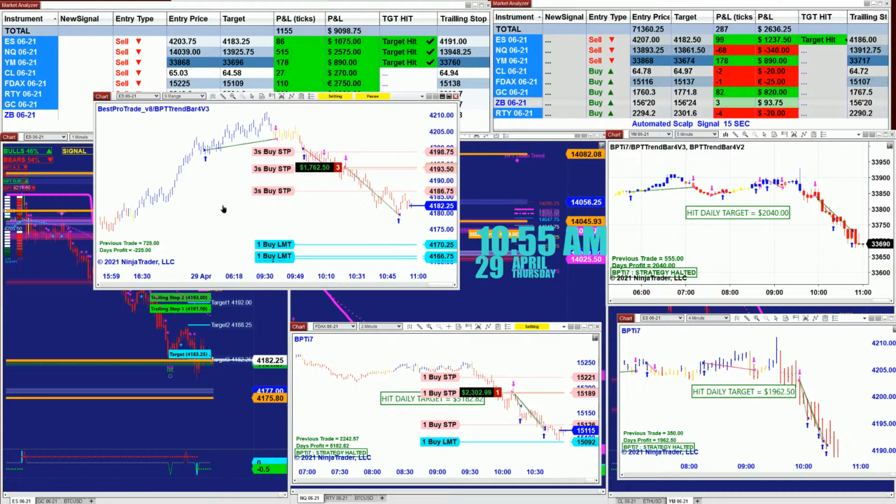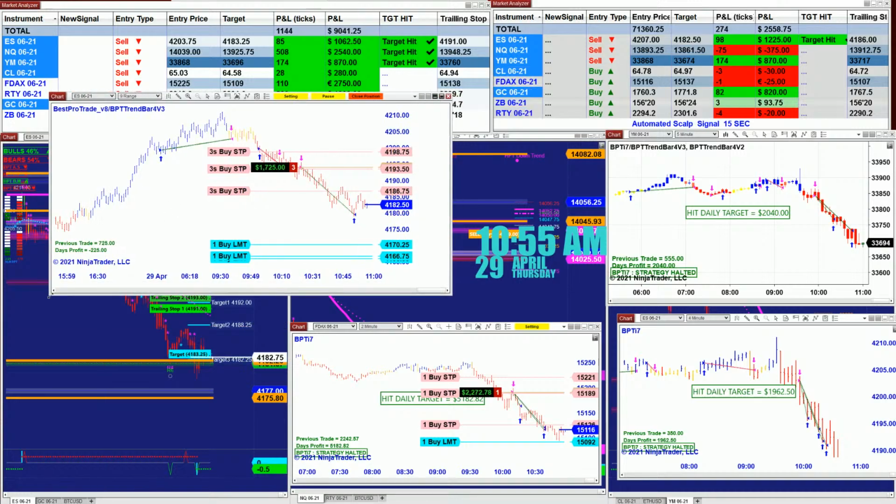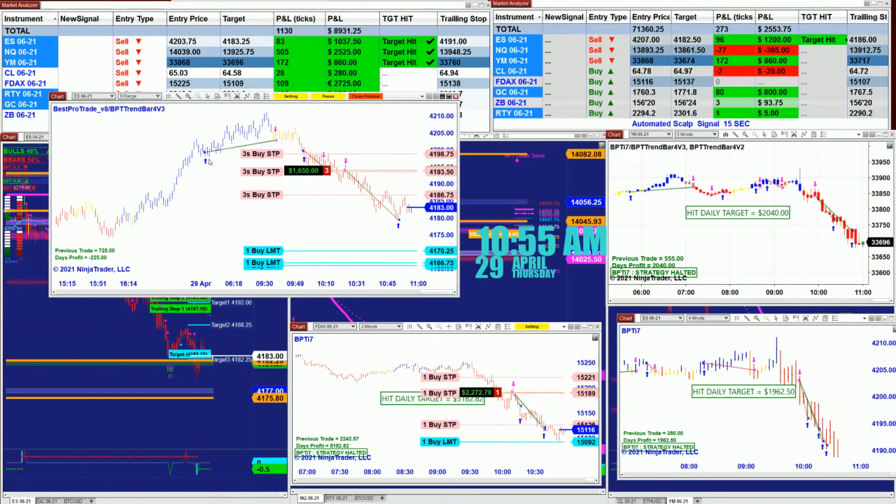On this one here, what I have done, I have combined 2 different entries. The pullback re-entry and a reversal.